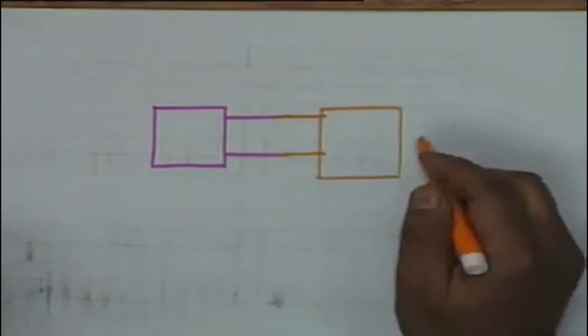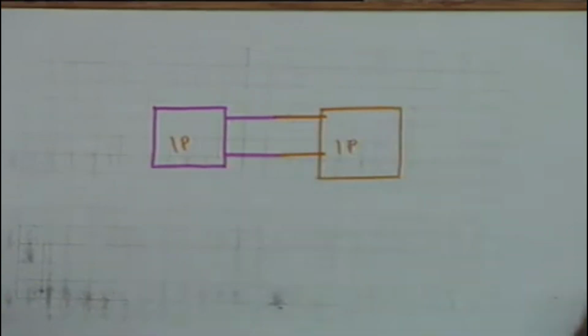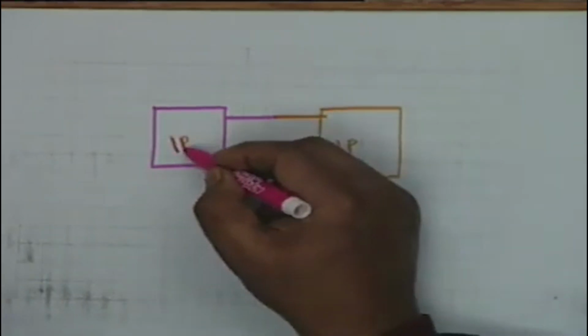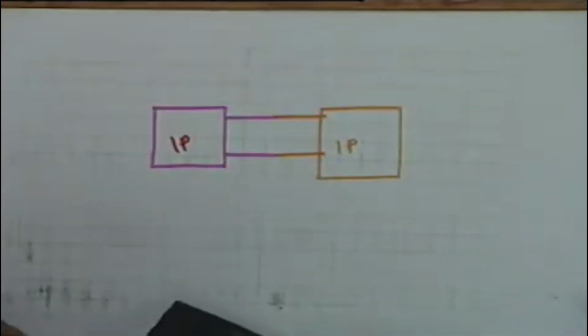You can also connect any other. Now this is the most general connection. This is a one port and this is a one port. All right, 2 one ports can be connected to each other.